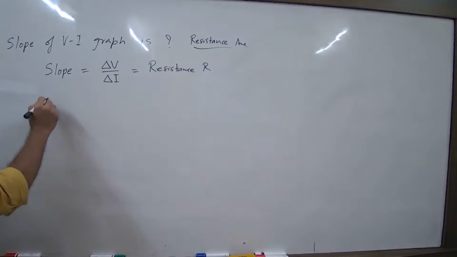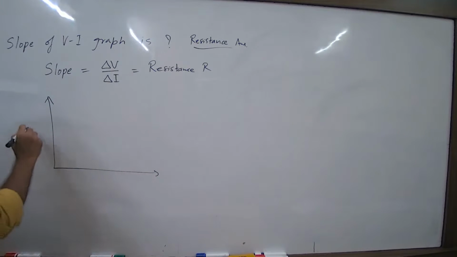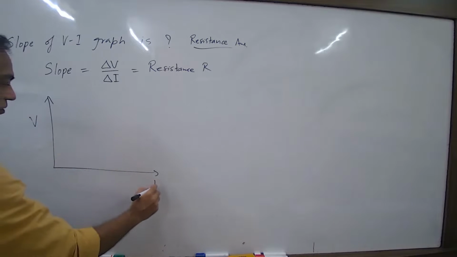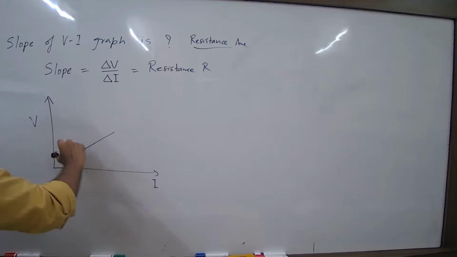So I'll give you a question. I am giving you a VI graph for two substances, one is this and the other is this.